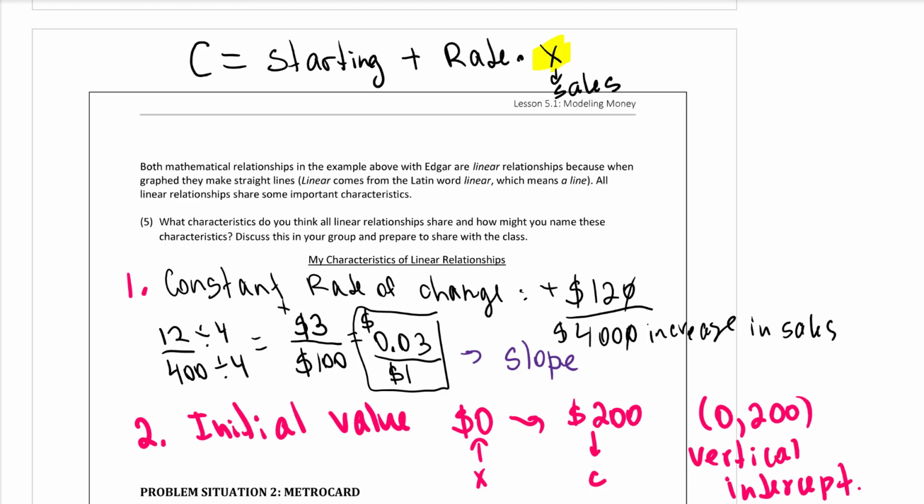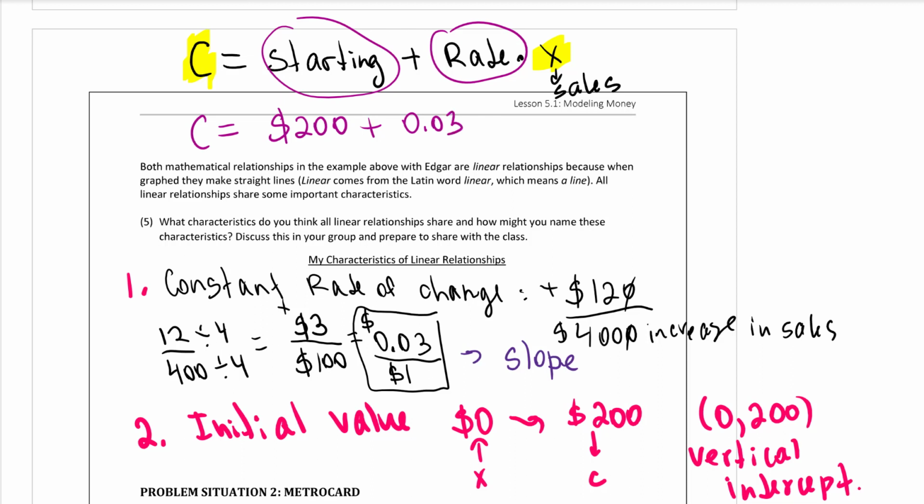So this is the variable, and the starting value and the rate are particular numbers that are characteristic of that model. So if we put that in equation, which we already did before, but now we have the names for these things. So $200 is the starting value, and the rate is 3 cents for every additional dollar sold of the artwork, multiplied by the amount being sold. All right, so it has that relationship.